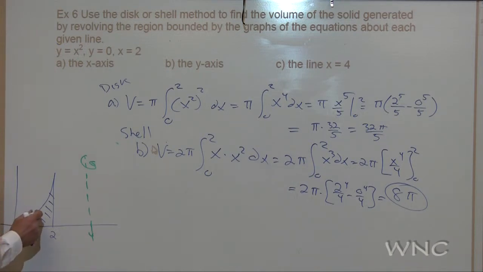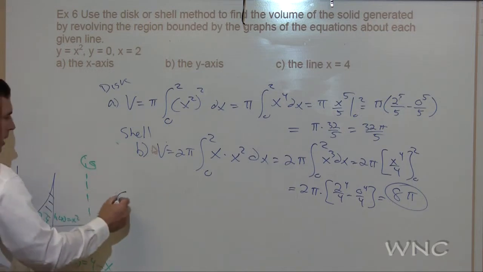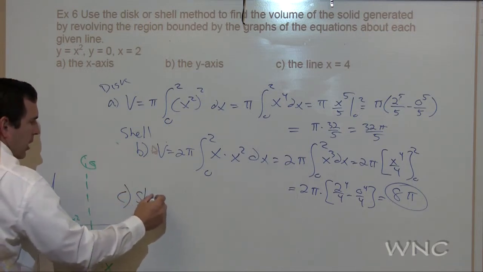If we did a vertical one again, the hardest part is to come up with our p of x. The h of x is just going to be x squared. So p of x, the full distance is 4, and we're losing some as we get to this point, so minus x. So for part C, I'm again going to use the shell method.